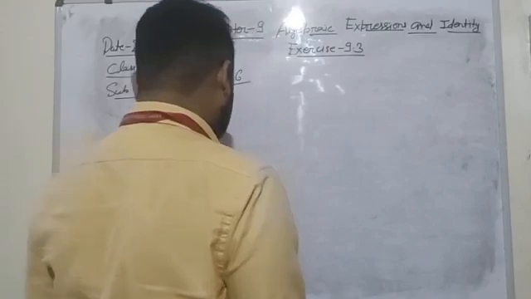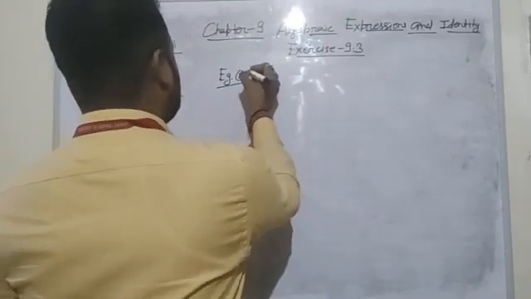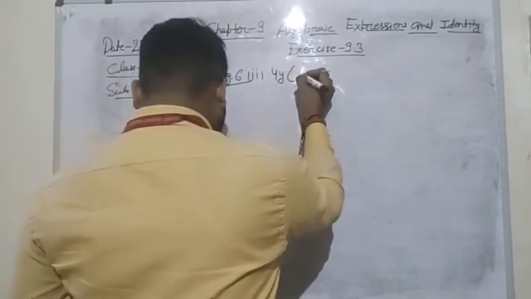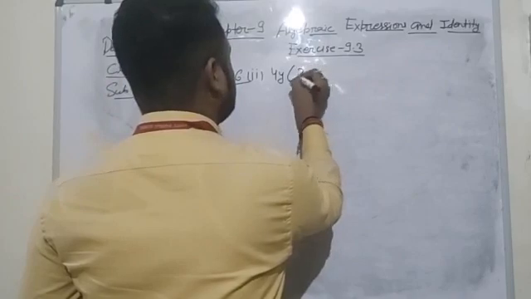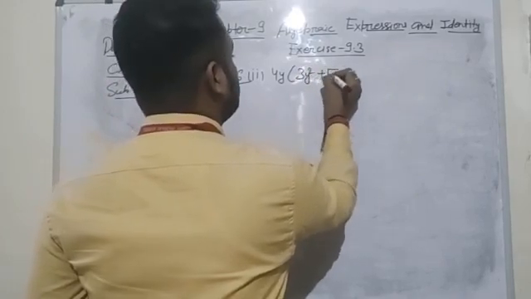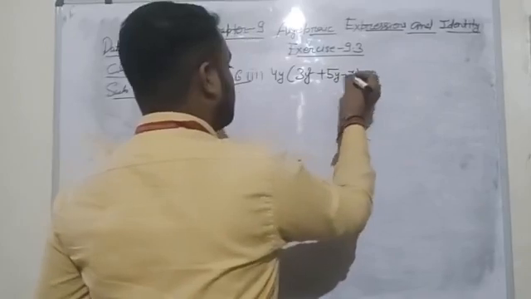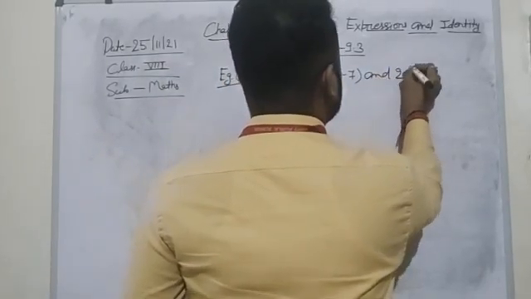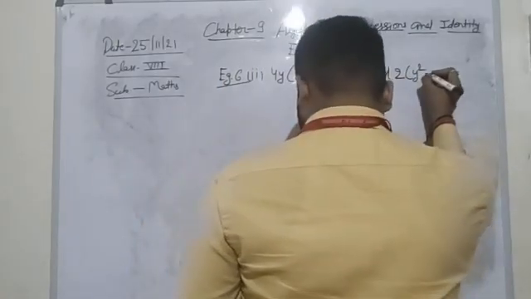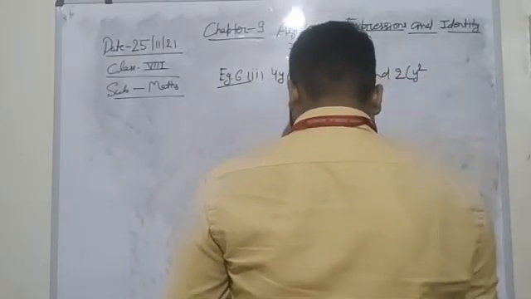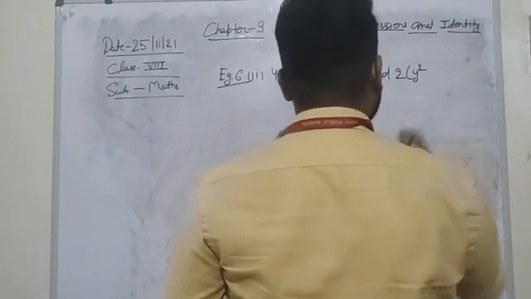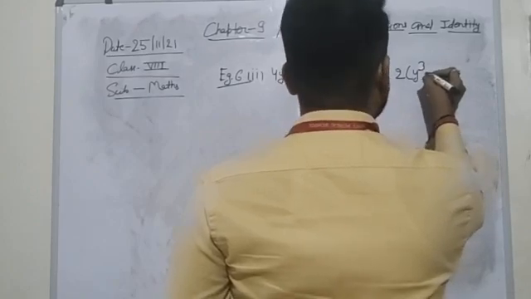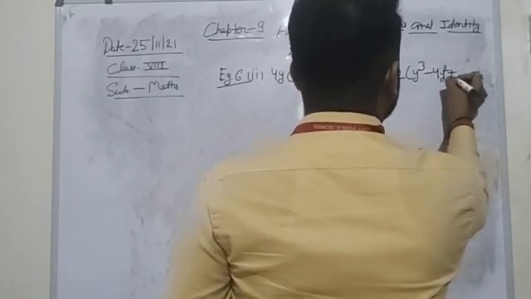Now the second: 4y(3y² + 5y − 7). We have to add both the expressions, and 2(y³ − 4y² + 5).